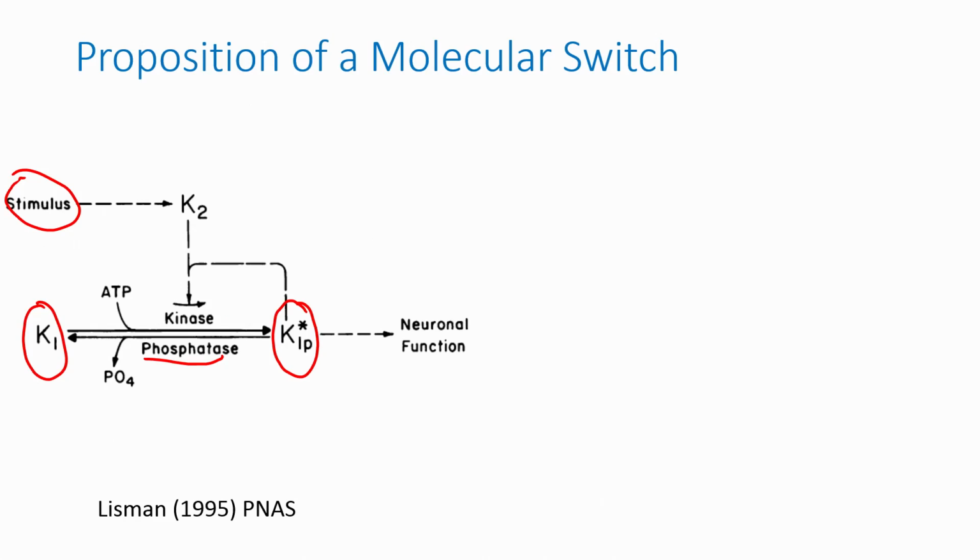Now, this is all good saying it in words, but the beauty of this is that it is such a reasonably simple chemical reaction. You can go ahead and write down the rate equations and the concentrations of K1, K1 activated as a function of time and see how the system behaves.